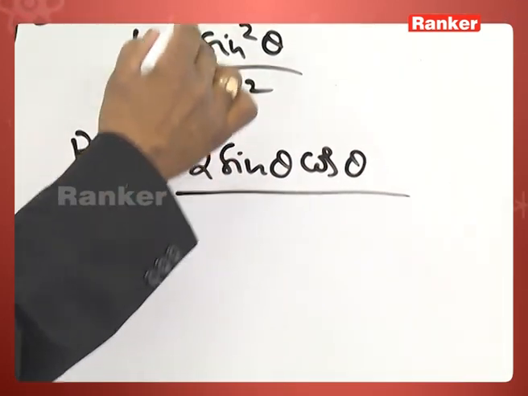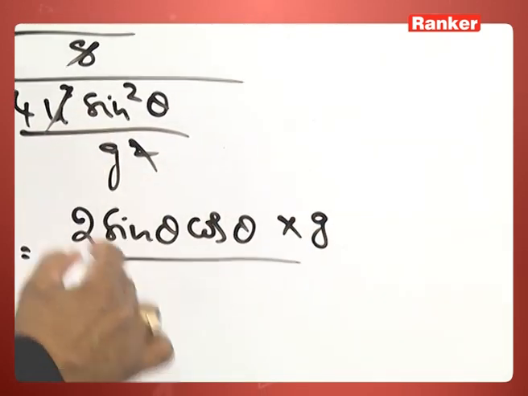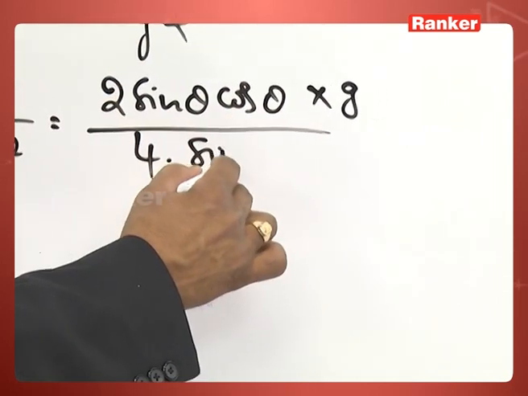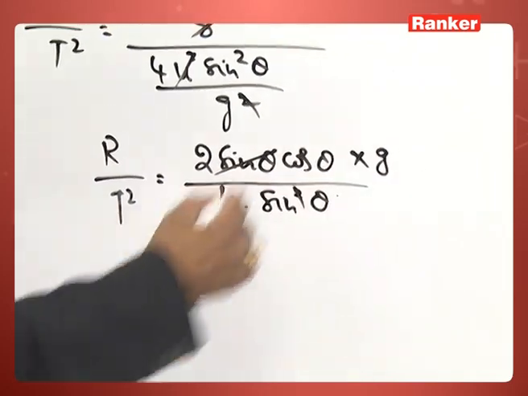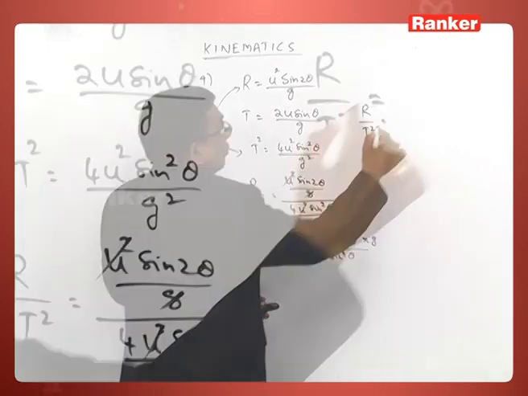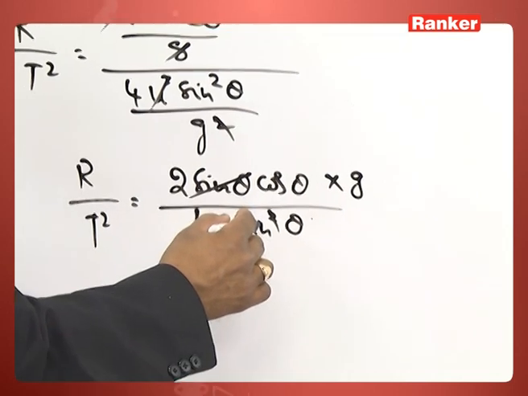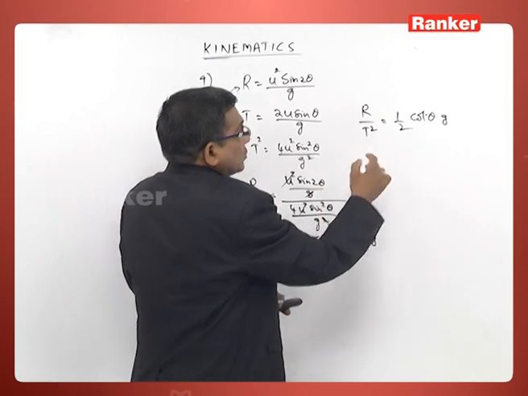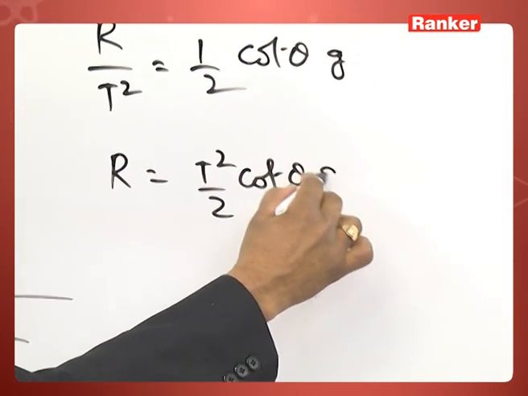Here g and g square, g comes to the top, and you are going to get 4 sin square theta. If you simplify, sin and sin square get cancelled. Then R by t square is equal to half, 2 cancels 2 times, cos theta by sin theta, cot theta, and g. So I can write R is equal to t square by 2 cot theta g.